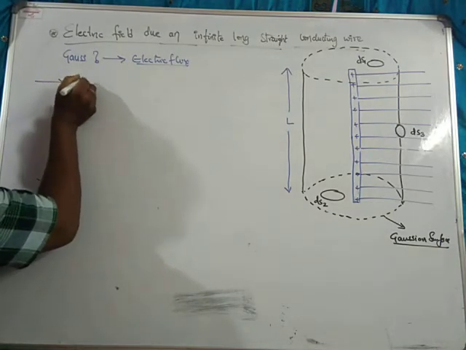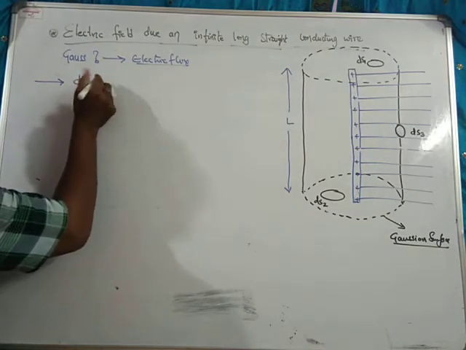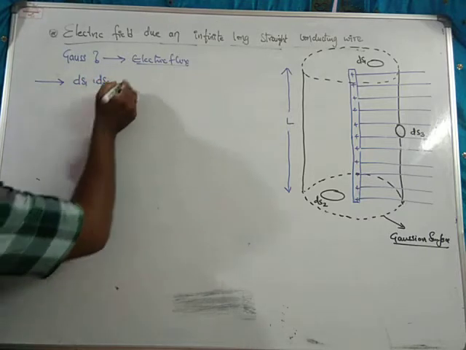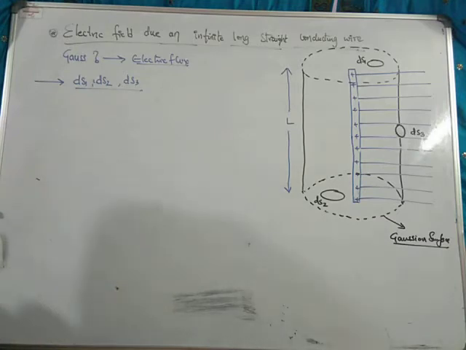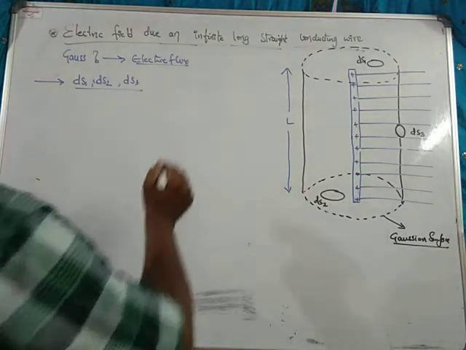So let ds1, ds2, ds3 be the three surfaces we consider. Before we define Gauss theorem, we need the electric flux. What is the electric flux?